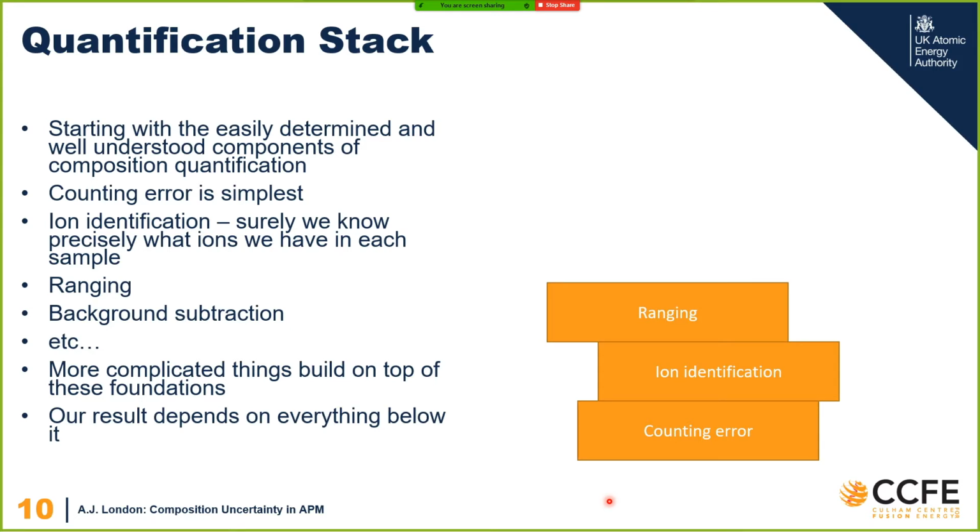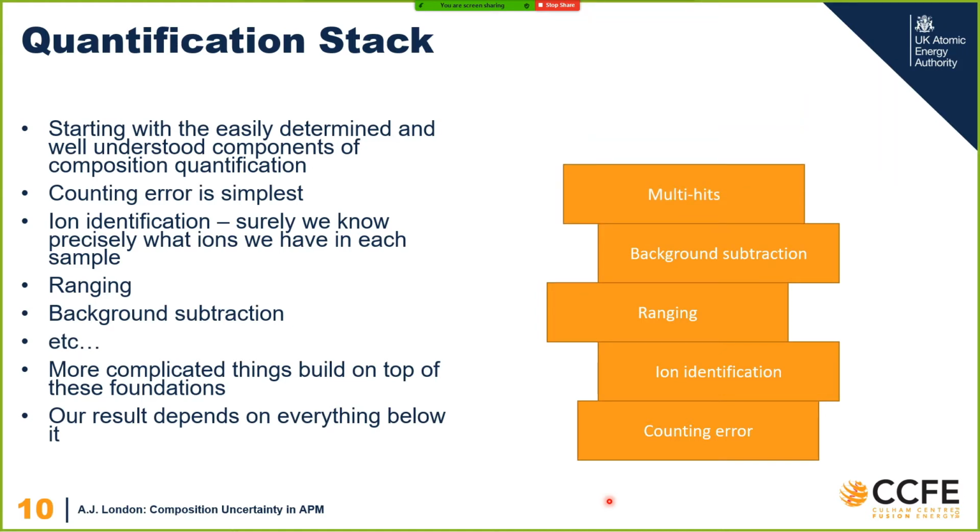So we've got the ranging, so the range widths or peak fitting or whatever it is you're doing. We've got background subtraction, so the global background or local backgrounds. And then maybe we have multi-hit problems that are even more nuanced that come into this and are affecting our composition. We have our reconstruction as well, which affects where the ions are, and that might make a difference as to how we interpret our results.